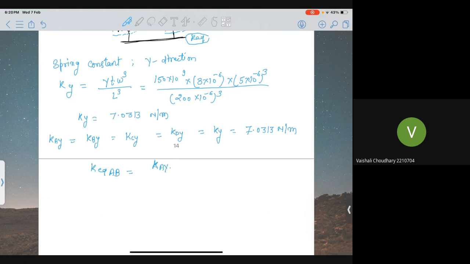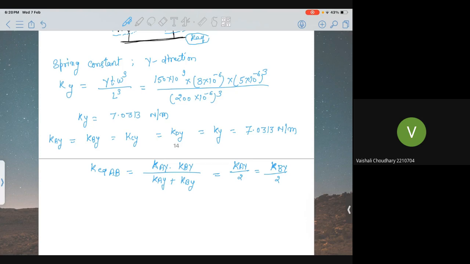So we'll apply the formula of spring constant for the series system, which is Kay times Kby divided by Kay plus Kby. Or, because the spring constant of A and B is the same, we can write it as K divided by 2, or ky by 2.